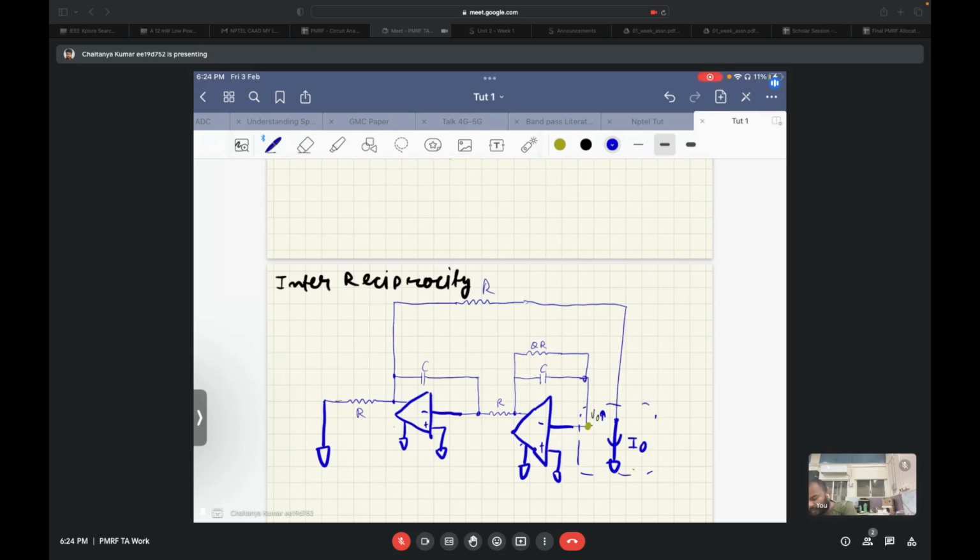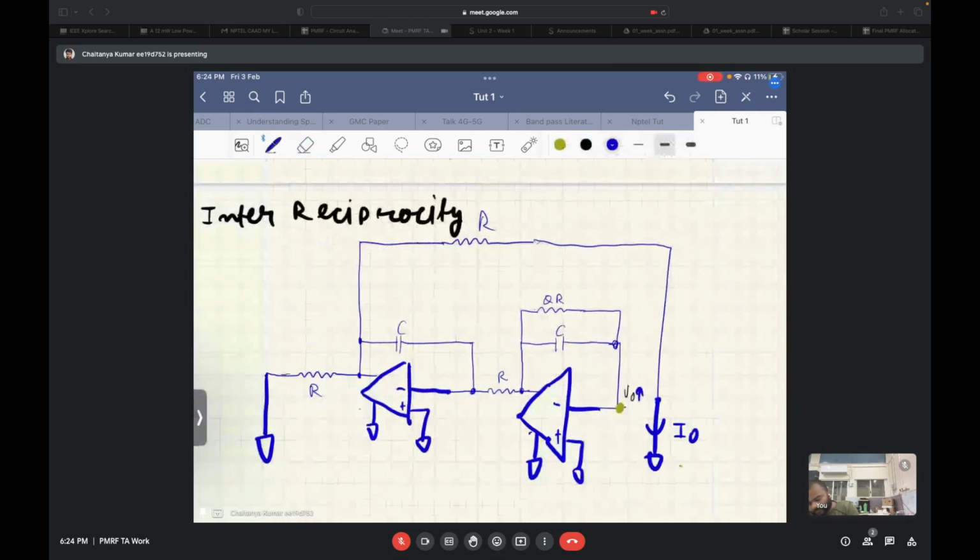Let's call this I naught, and what will be the direction of the current source that we have over here? Let's try to find it out. If we try to increase this voltage, this I naught will increase.